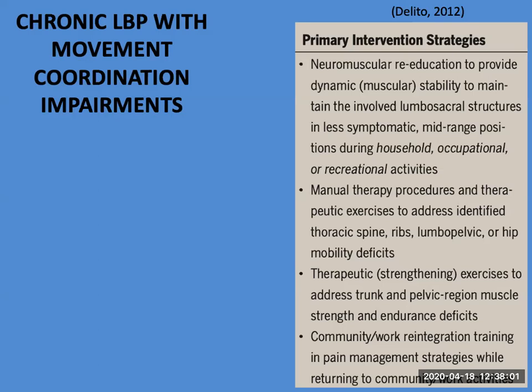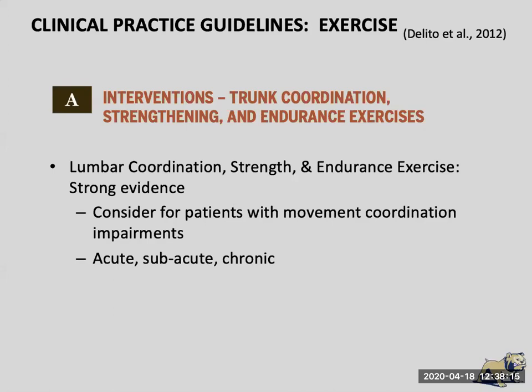And again, working towards strengthening and endurance training when we observe those impairments. And we do have those functional tests that can be very helpful for identifying these folks, like with our stabilization cuff.